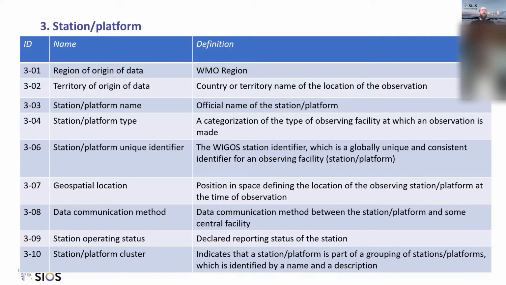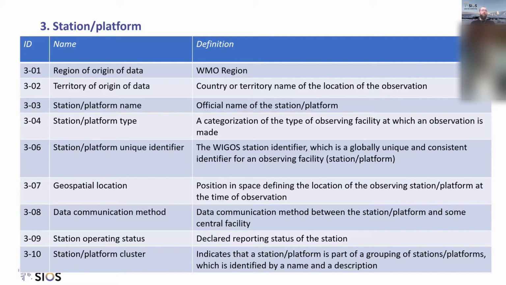So going into the details for the station and platforms, we can see the categories for the metadata, like region of origin of data, territory, station and platform name, and type. For type, for example, we have a drop-down list where we can choose what type of platform we are working with.